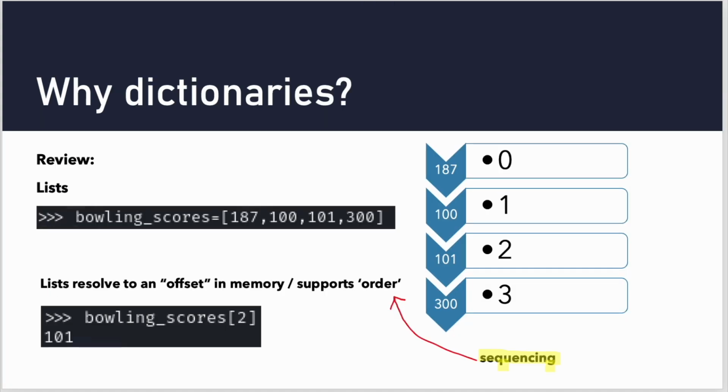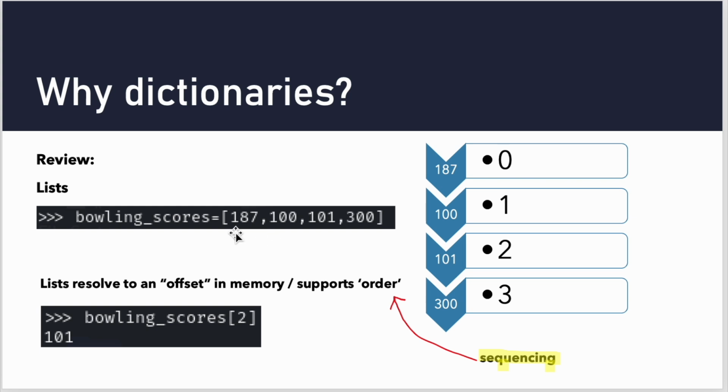Why dictionaries? So to review, we recall a list is a group or collection of sequentially defined items. And when I say sequential, that is only made possible because when you create a list in Python, it resolves each item to a particular offset.